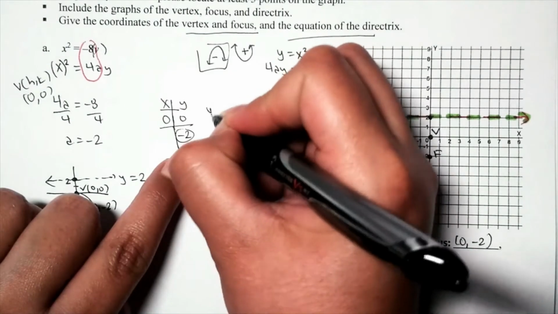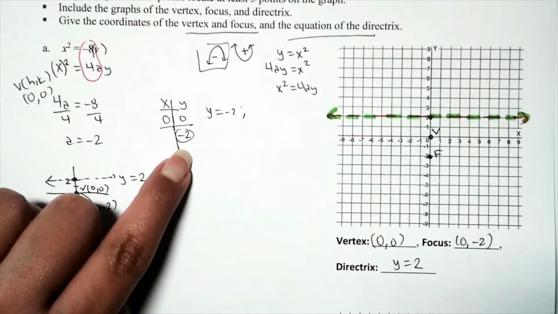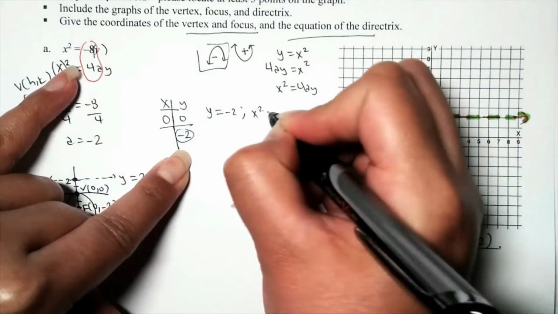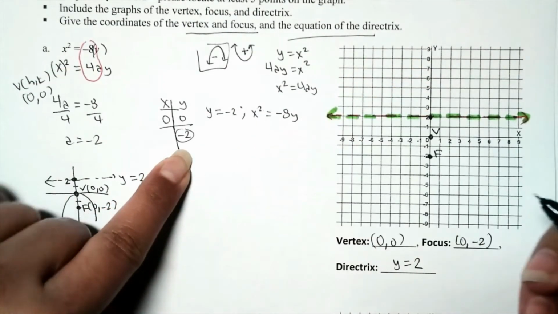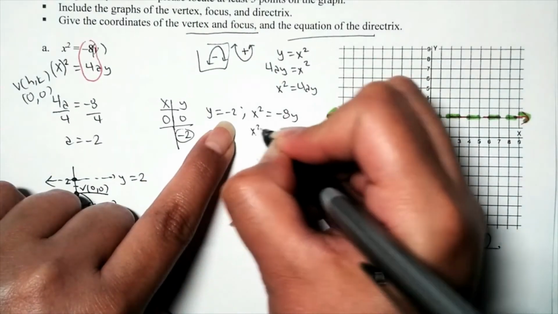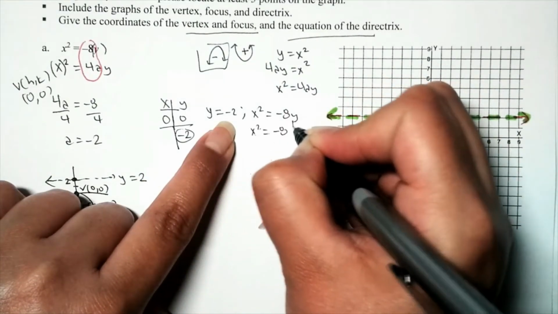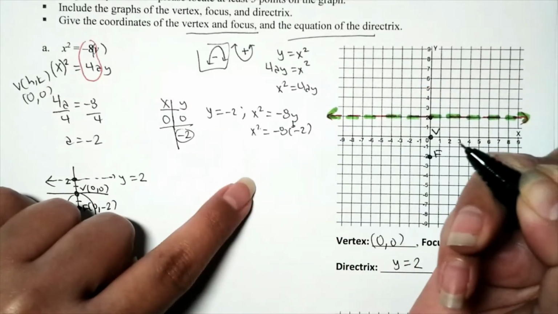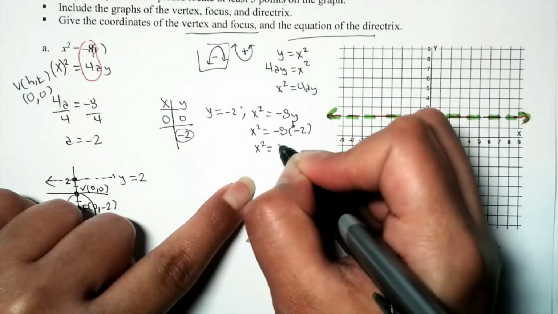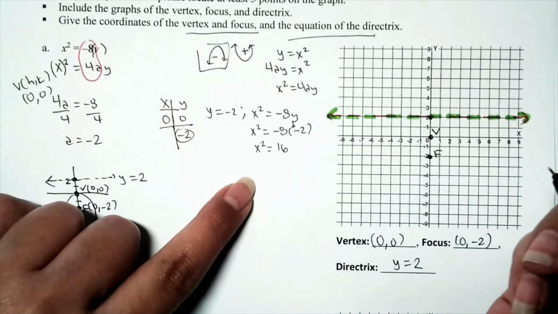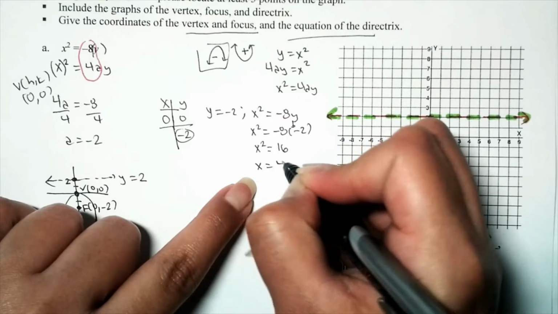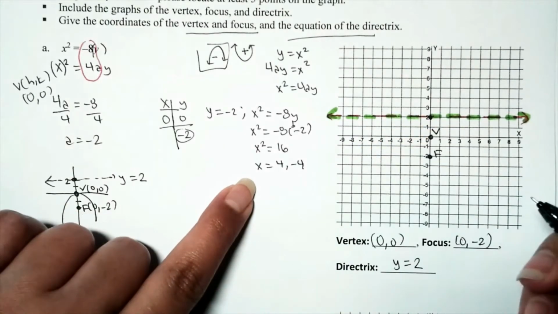So when y equals -2, I want to know what is the value of x. We have x squared is equal to -8y. We pencil in a -2 for y, so that will give us x squared is equal to -8 times -2. Last time I checked, the product of -8 and -2 gives us +16. When you take the square root of both sides, that will give you that x equals +4 or -4.